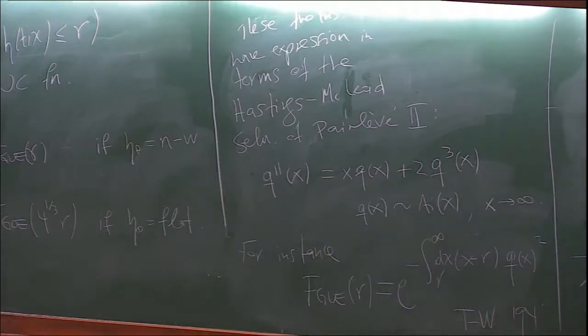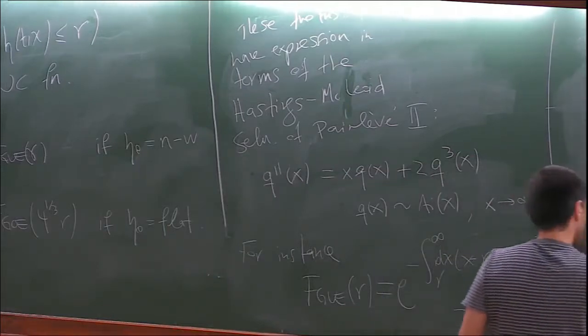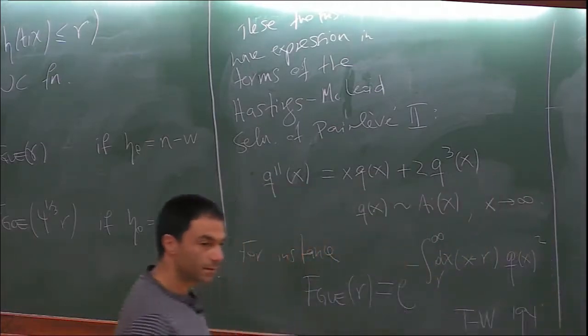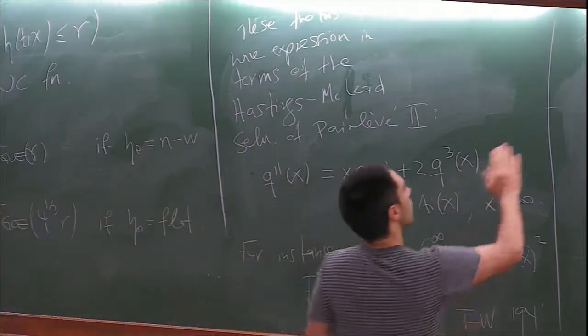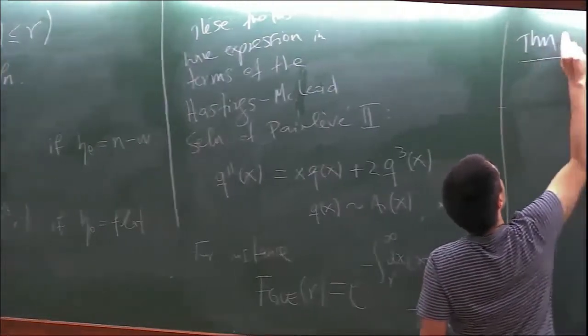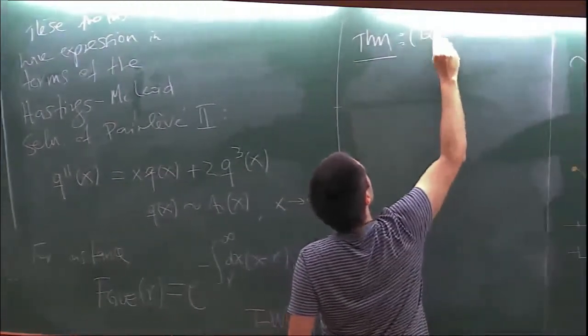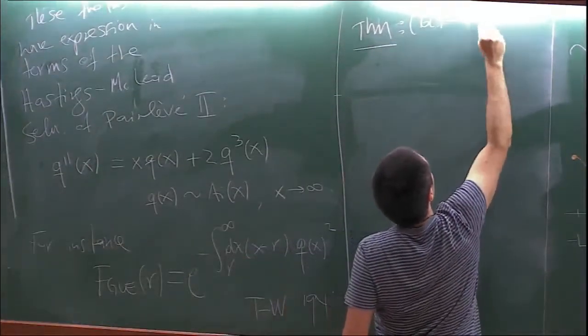So I'm going to write the theorem. I'm not going to prove it. This theorem is proved just by using the explicit Fredholm determinant formula. If someone is interested, I can tell you more or less what it uses. But it's just a long computation. So theorem, this is in progress.